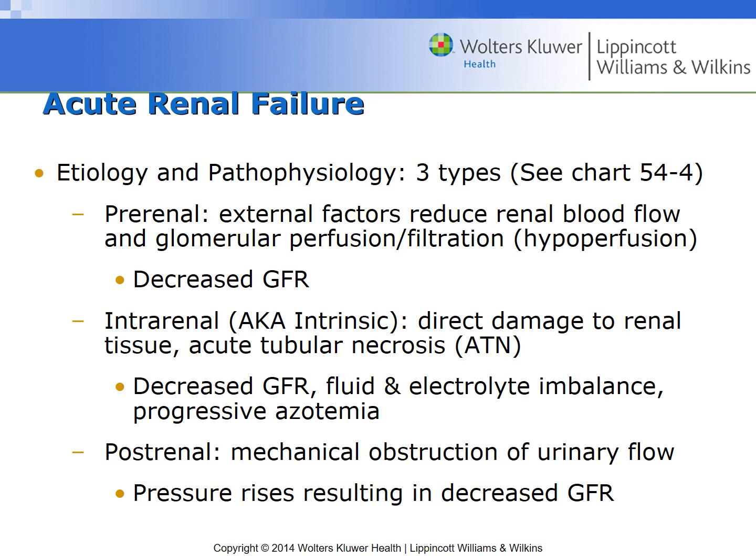Let's first talk about the three different types that can lead to acute renal failure. We first have the pre-renal. Pre-renal results from conditions that interrupt the renal blood supply, which reduces the renal perfusion. So just think before renal, okay? It's external factors that can lead to this and cause hypoperfusion.